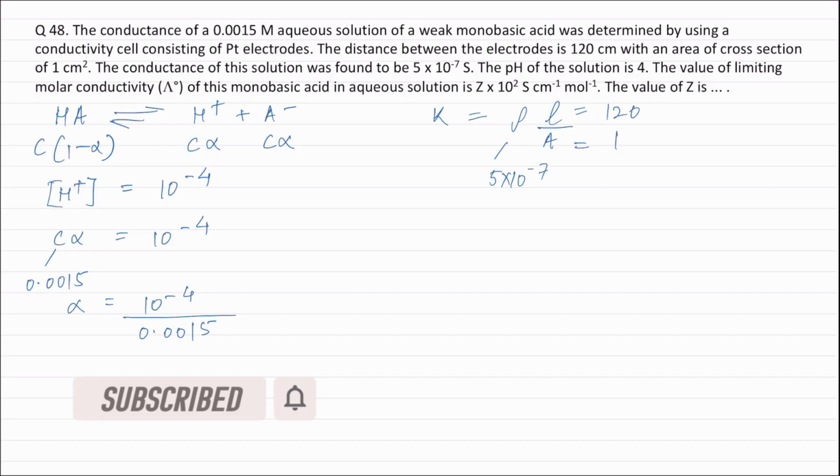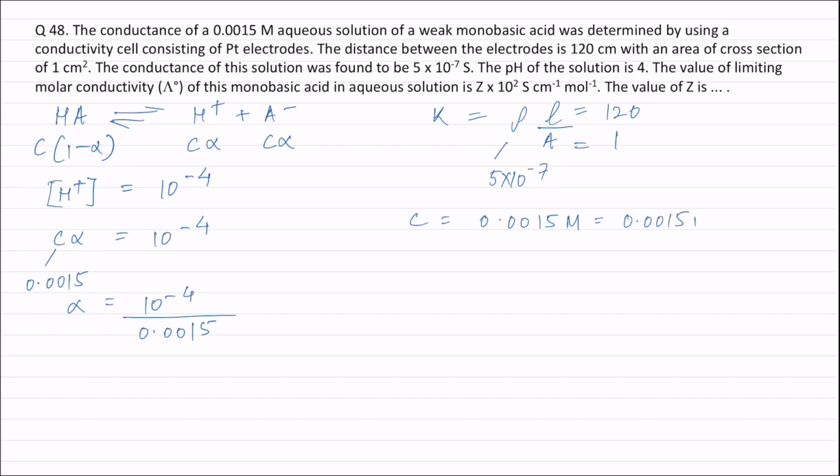The concentration of solution is given as 0.0015 M, which is also equal to 0.0015 moles per liter, and this is also equal to 0.0015 moles per 1000 centimeter cube.